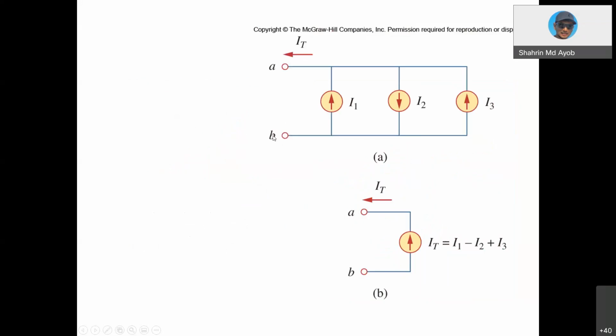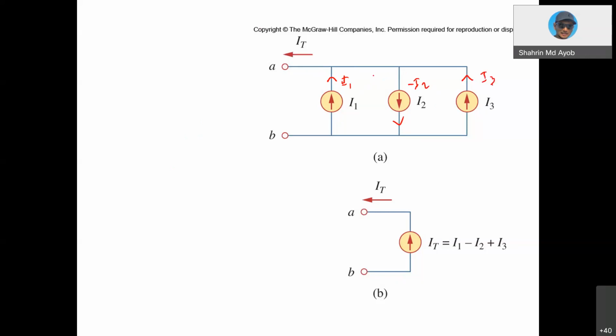For example, if you have a current source like this, I1 has this direction, I2 has this direction, and I3 has this direction. All the current in this direction is a positive I1, this direction is a negative I2, and this direction is a positive I3.